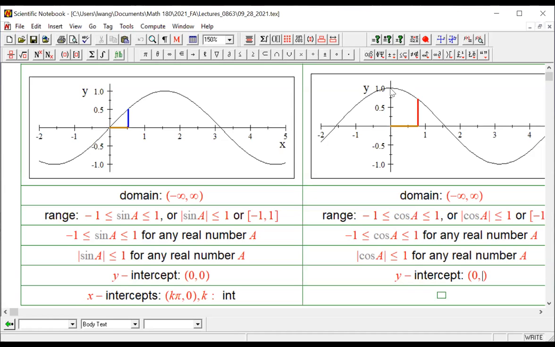Is that obvious to you? Yes, 0, 1. It's right here, staring at us. When x is 0, y is 1. Cosine 0 is 1.